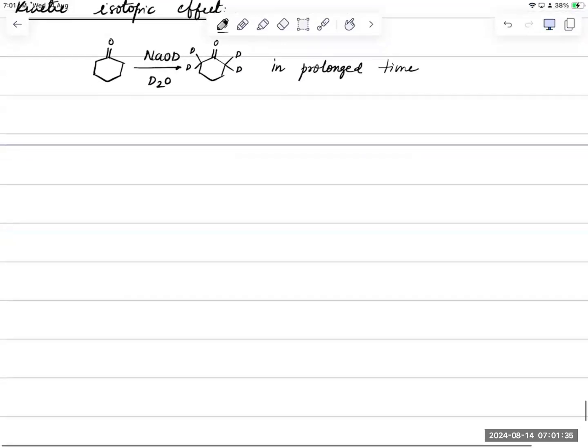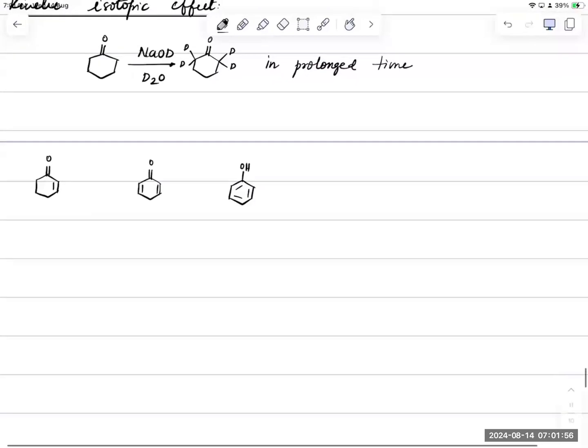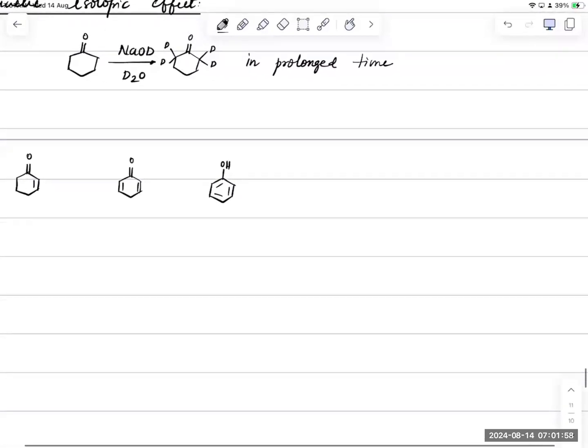And like that, if at all I give you a compound, you should know how many deuterium exchanges will happen. For this compound, check out how many we will be able to see. If I write the same thing in the form of phenol, how many deuterium exchanges we will have?